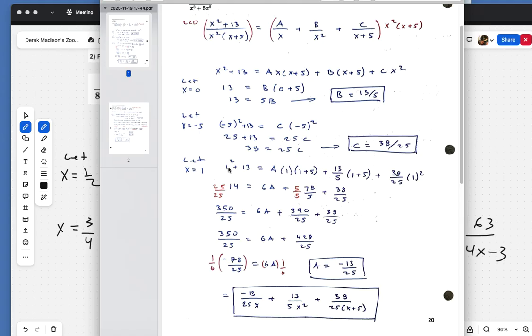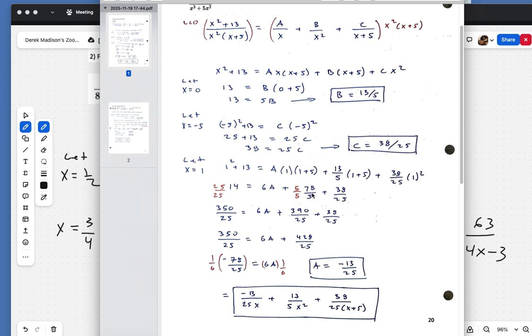So plugging the 1 in for all the x's, on this side I got 1 squared plus 13, so that's a 14. 1 plus 5 would be 6 times a, made the 6a. 1 plus 5 there would be 6, and then 6 times 13 is how I got that 78. And 1 squared just left the 38/25.